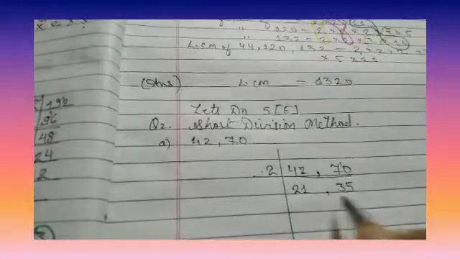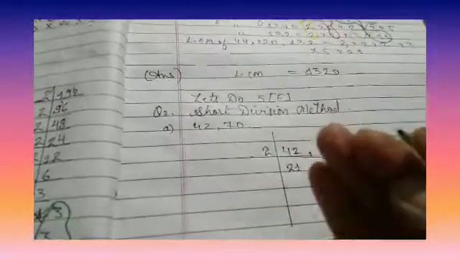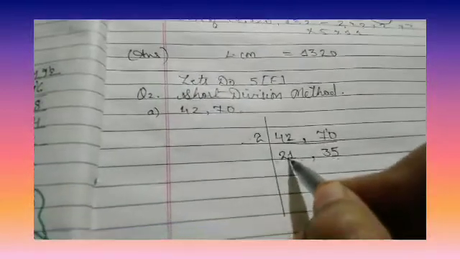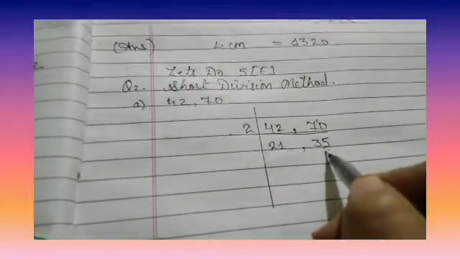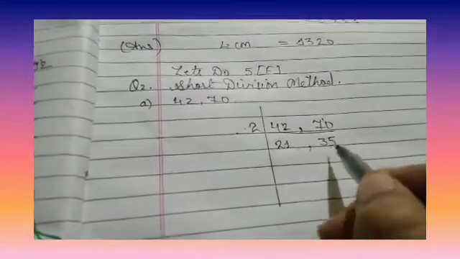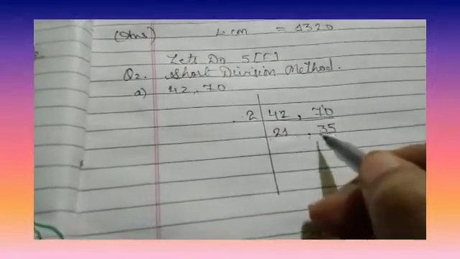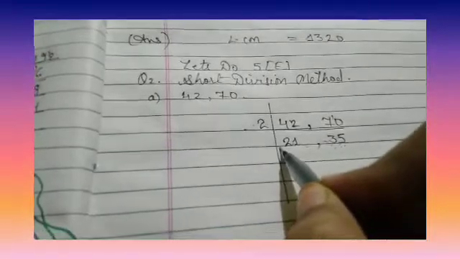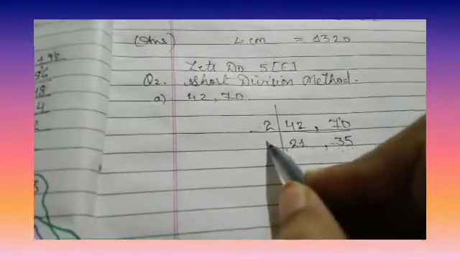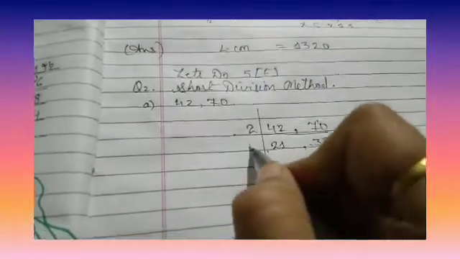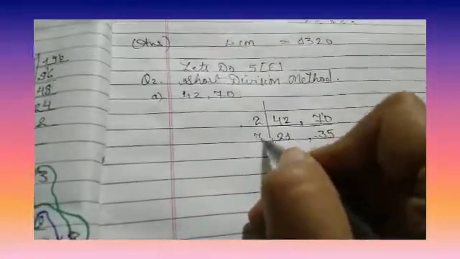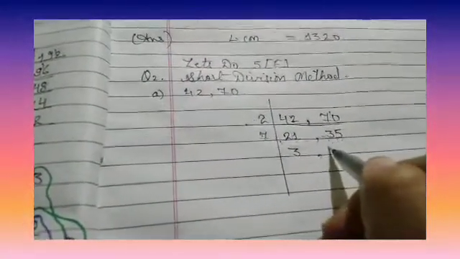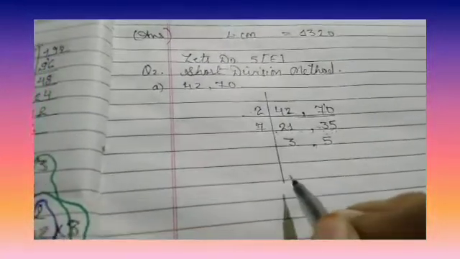Okay children. So 5, 6, 7, 8. It will not go by 3. This will go by 3. Looking at 5, 35: this will go by 5 but this will not go by 35. Okay, 6 is not possible. Now 7. 7 3s are 21. 7 5s are 35.